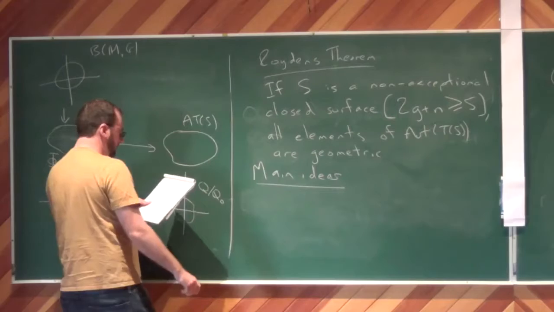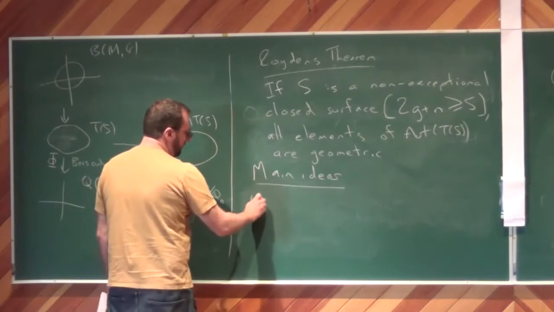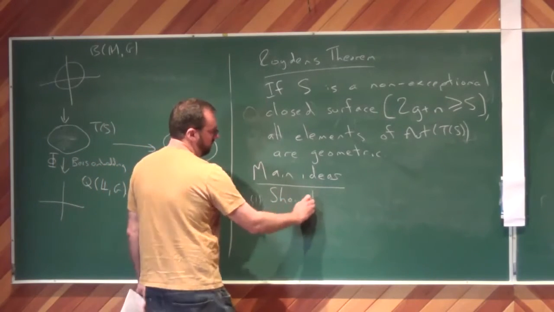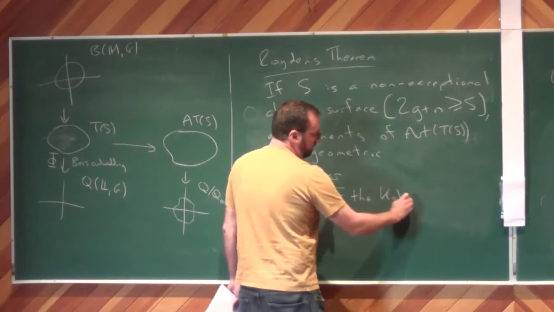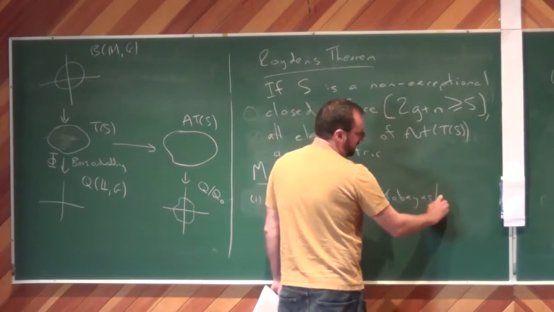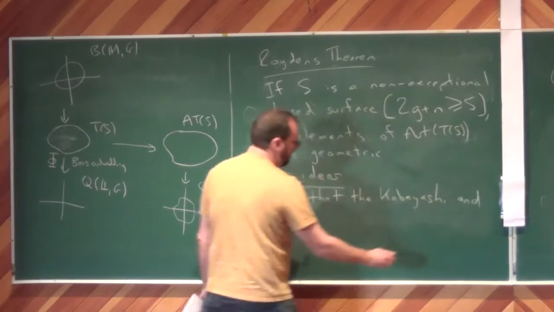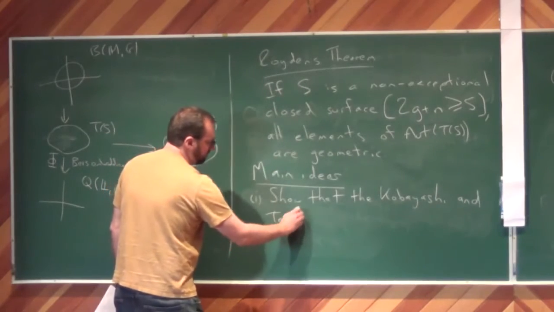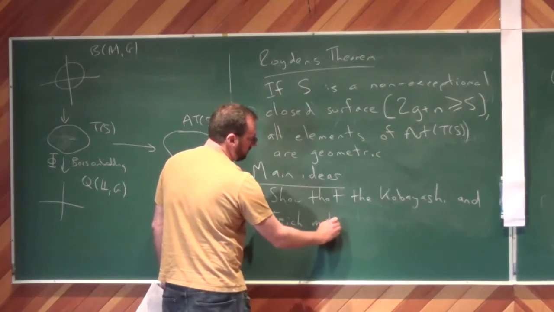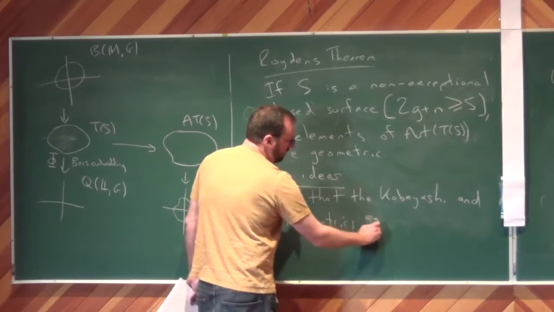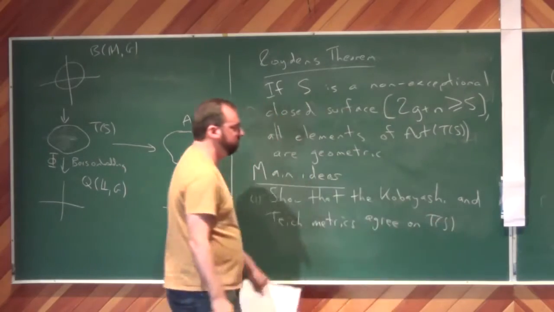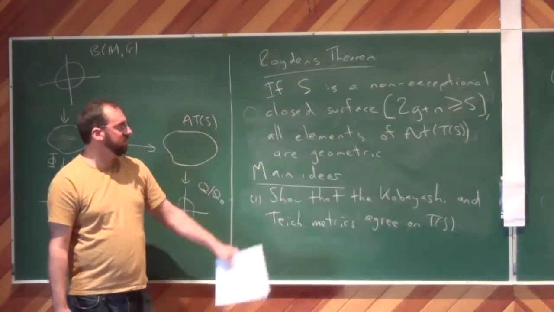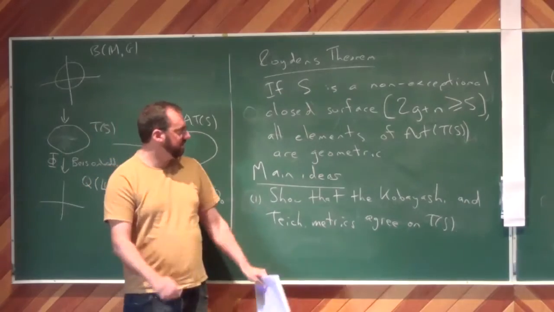So the main idea, first thing is to show that the Kobayashi and Teichmüller metrics agree on T of S. So remember here that we're just assuming S is a closed surface, so this is just the finite type case.